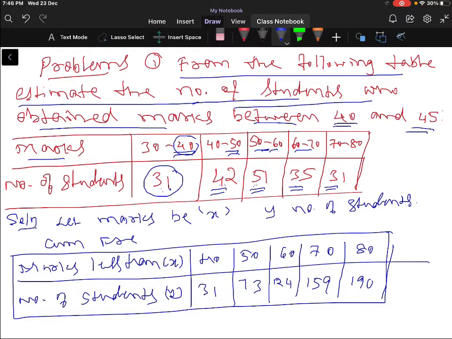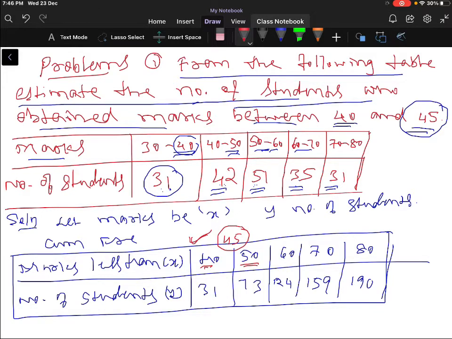So from this table you have to find out the number of students less than 45 marks. So 45 lies between the values of x, 40 and 50. 45 comes between 40 and 50 here. So this value of x, 45, is near to the x naught in the interval 40 to 80 here.